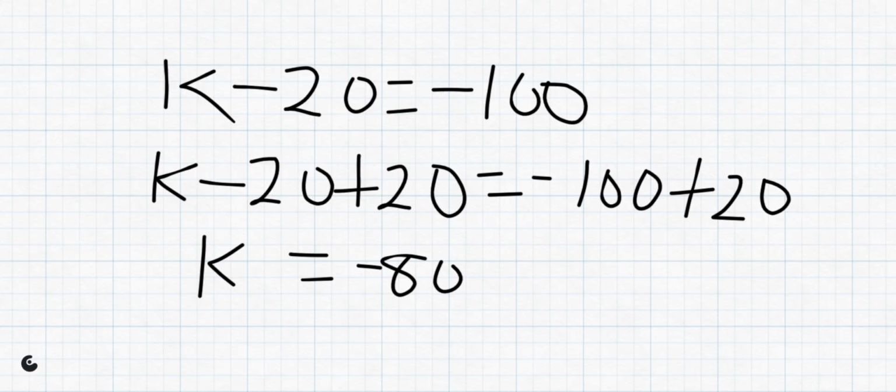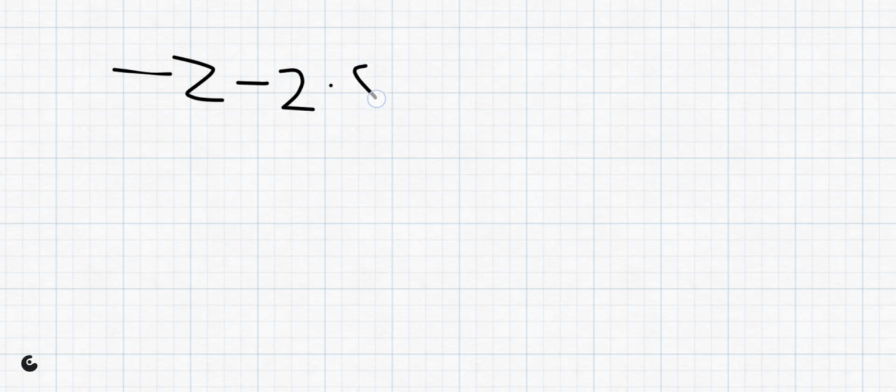Now let's try another one. We have minus z minus 2.8 equal to 3.4. So this is not a new problem, it's the same thing, but now we have decimal numbers in it, and we have our unknown to be z instead of x or k that we used earlier, so we can use any alphabet.